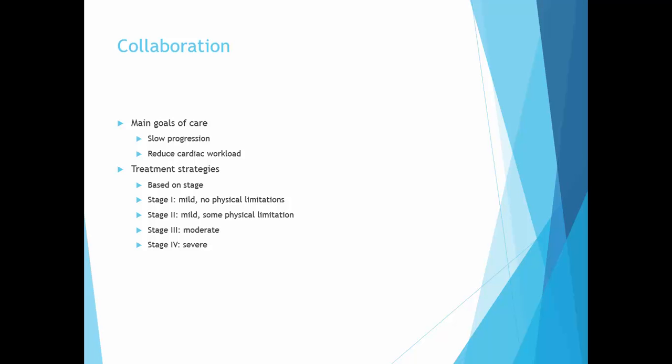Stage 3 is a moderate form. In this stage, they will have increased physical limitations; less than normal physical activity results in fatigue, shortness of breath, and palpitations. The client is still comfortable at rest. Interventions are going to be the same interventions for stage 1, in addition to a diuretic, ACE inhibitor, ARB, and/or beta blocker added to the medication regimen.